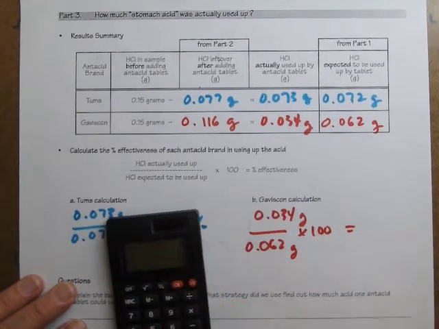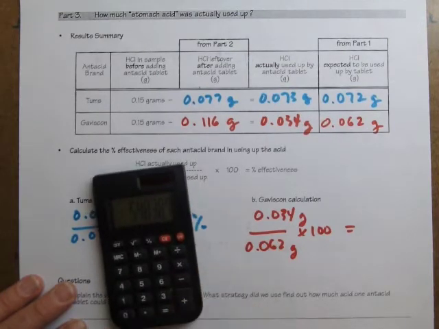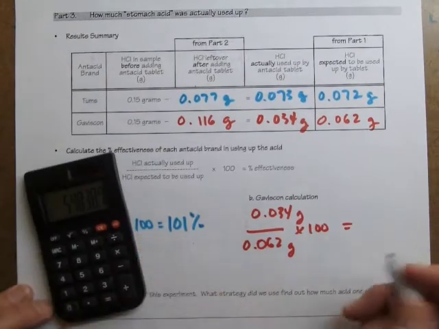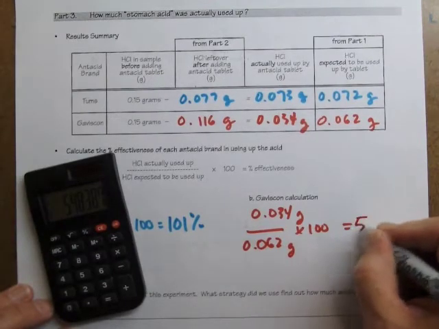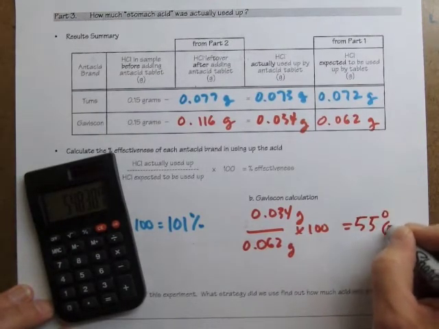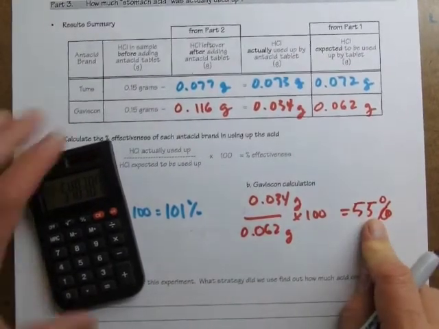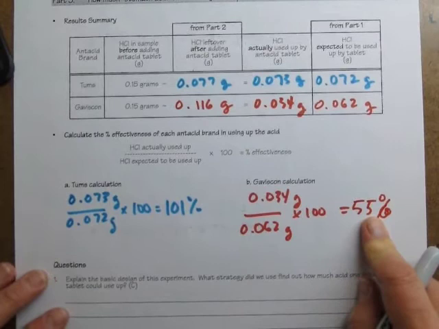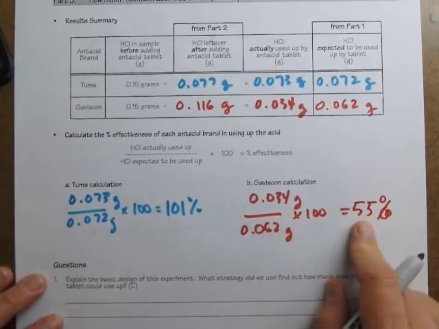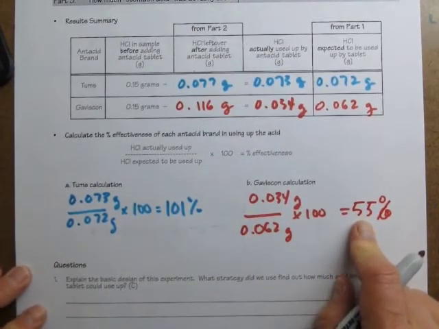I'm guessing it's going to be around 50%. 0.034 divided by 0.062 times 100 is 54.8%. Let's call that 55% effectiveness. So if you pay for something, you don't want to get 50% of what you pay for. You want to get 100% of what you pay for. The Gaviscon is not giving us 100% effectiveness compared to what we expected.